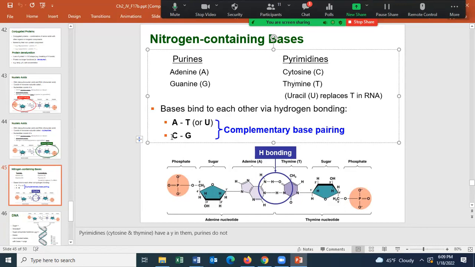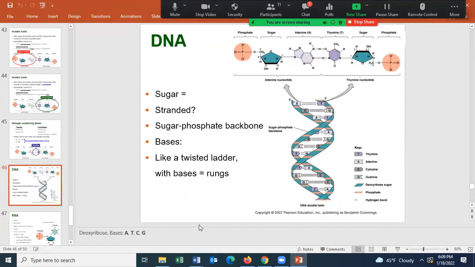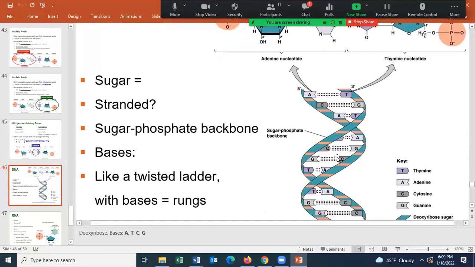And then C hydrogen bonds with G. A and T have 2 hydrogen bonds between them. And C and G, shown here, have 3 hydrogen bonds between them. So the C and the G is a stronger bond than the A and the T. Any question about any of that?